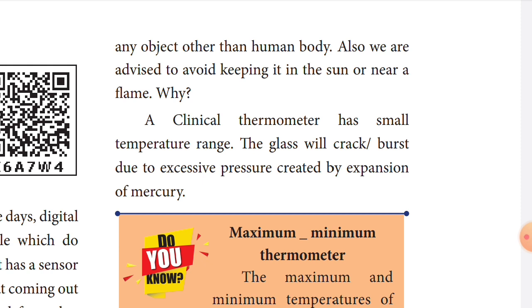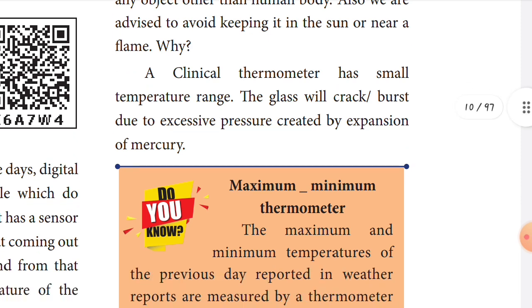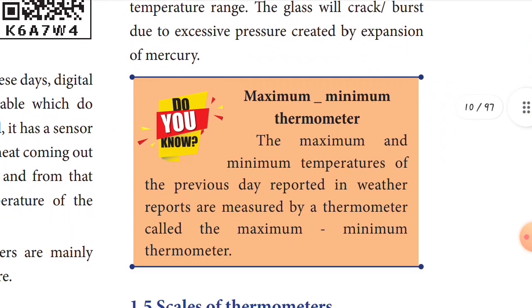Also, we are advised to avoid keeping these objects in the sun or near a flame. Why? You know, children, a clinical thermometer has a small temperature range. The glass will crack or burst due to the excessive pressure created by the expansion of mercury. That is the main reason, children.